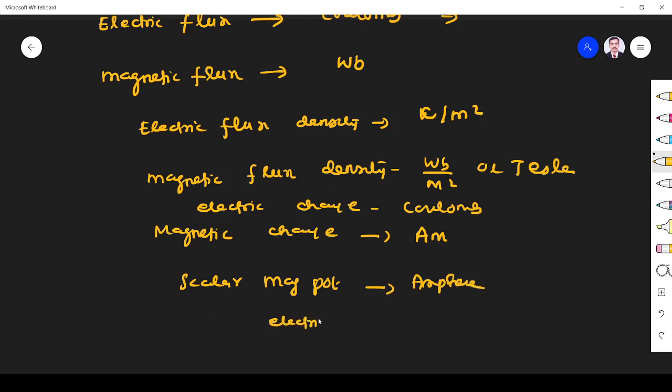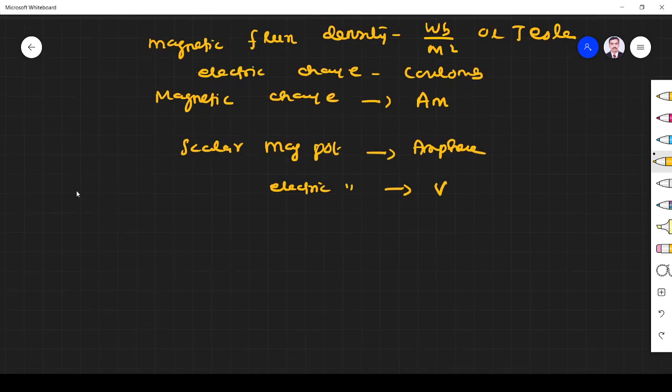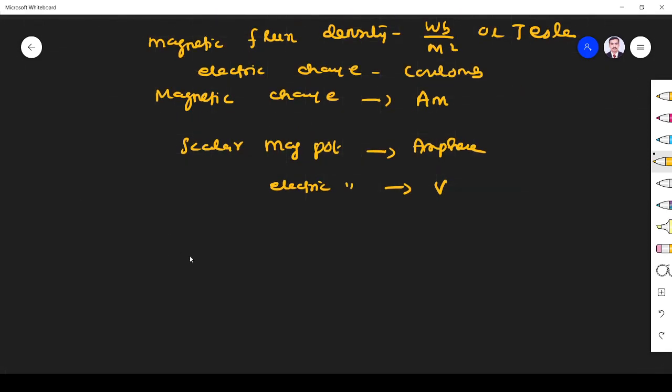Scalar electric potential, volt. Yes or no? Yes. Then vector magnetic potential is given by Weber per meter.